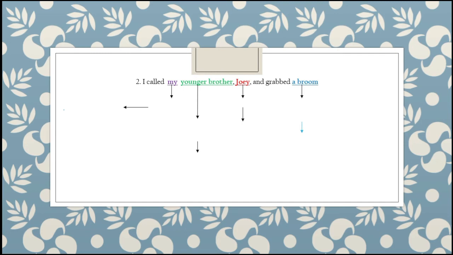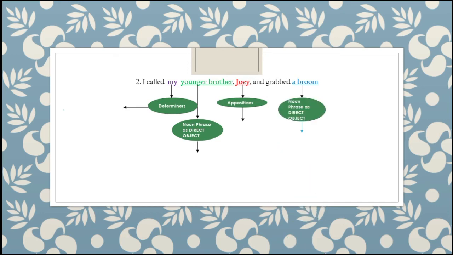The second one is I called my younger brother Joe and grabbed a broom. My is a determiner. Younger brother is a noun phrase as direct object. Joe is an appositive and a broom is a direct object. My is a determiner because my is possessive and determiners are always in the possessive case.